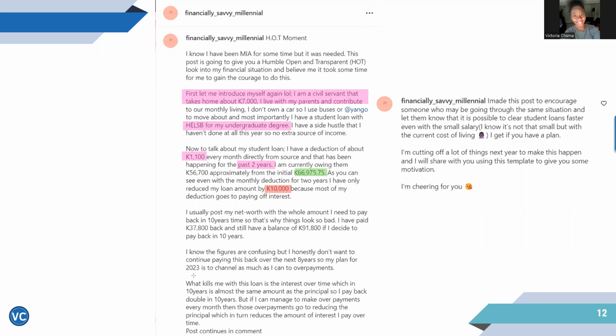So really, she's trying to tackle this as quickly as possible. I'm assuming a year or two, but we'll see how she does, and follow her along her journey so that you'll be able to find out how far she has progressed. And really, the fact that she's bold enough to do this is very admirable. This is probably why this is one of my favorite financial accounts on Instagram.